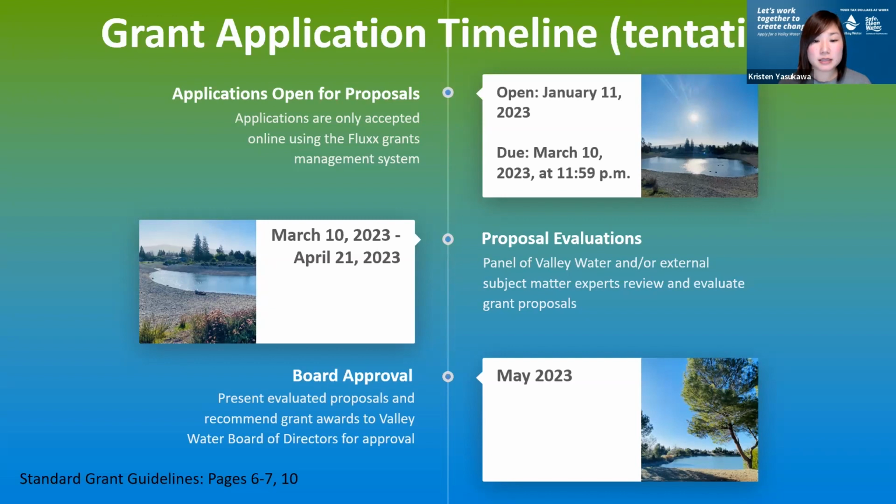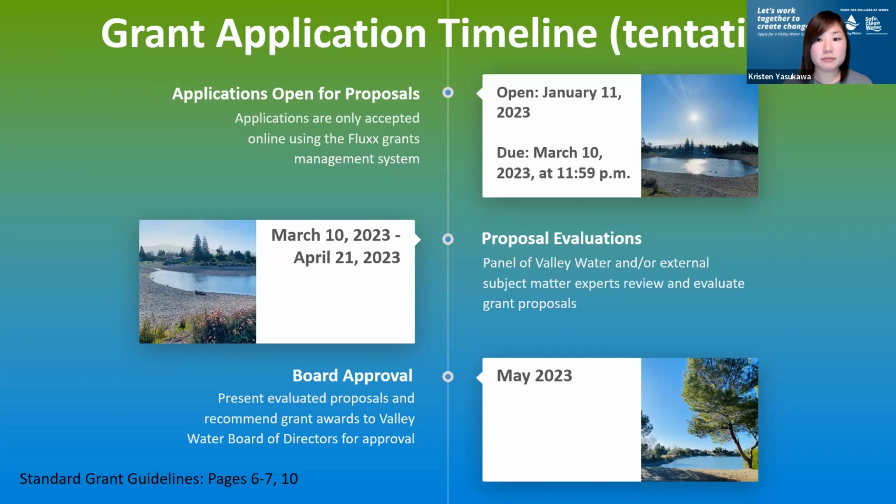Once the applications close on March 10th, our grants team does an initial compliance check of all the applications to make sure they meet all of the minimum qualifications and are not any of those ineligible project types or ineligible applicants. Those that pass the compliance check will move forward to our subject matter expert evaluation panels, and each panel will be convened around each project type.